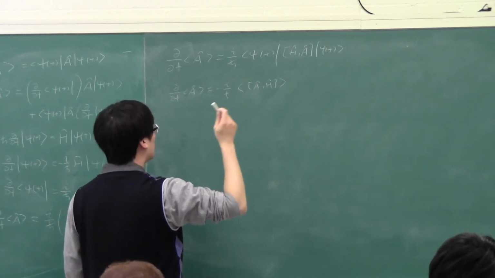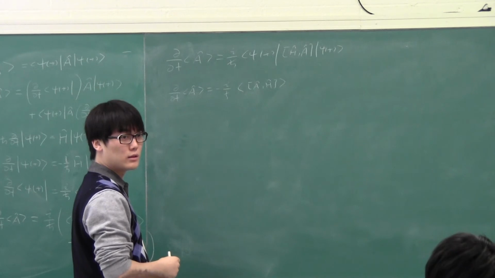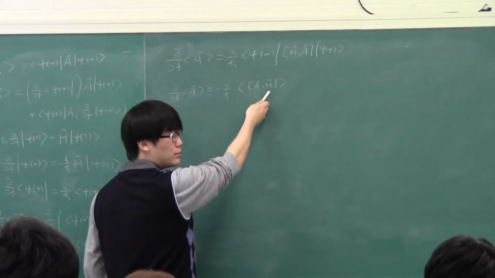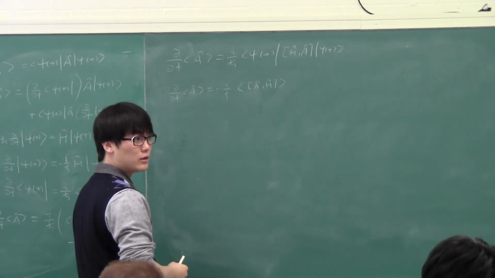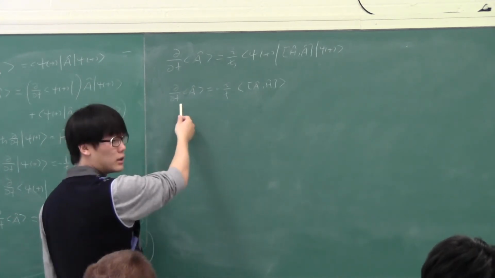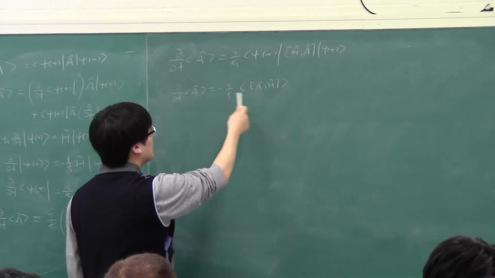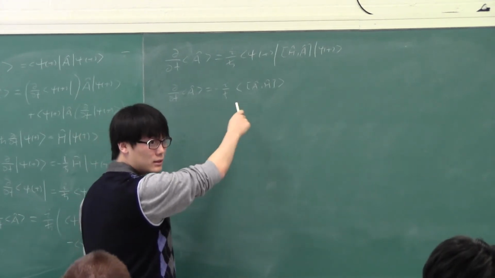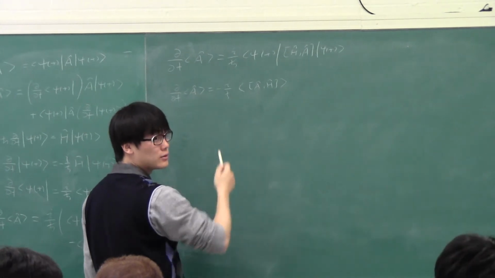At the start of the semester we talked about Poisson brackets, and in classical mechanics the time evolution of a dynamical variable was governed by the Poisson bracket. This is in a sense reminiscent of that, but not exactly yet, because we're talking about expectation values.